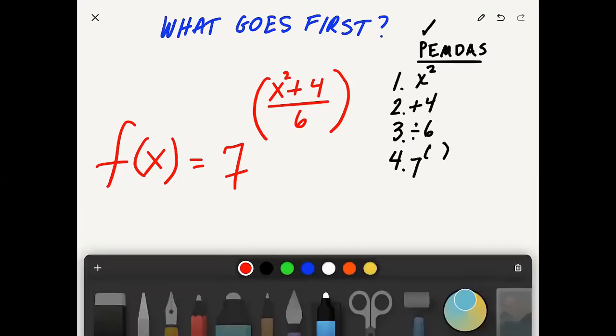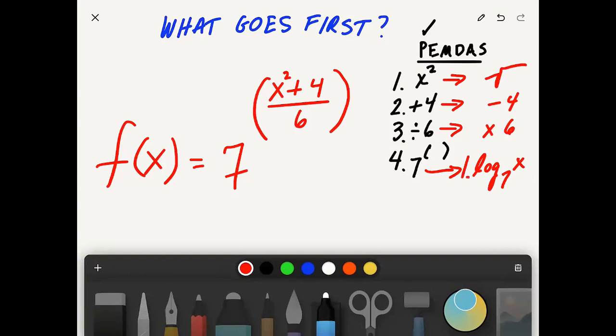So if we're doing inverses for all of these operations, we're going to take log with the base of 7 of x. And then next thing we're going to be multiplying by 6. Then we're going to subtract 4. And then we're going to take the square root of whatever we have.